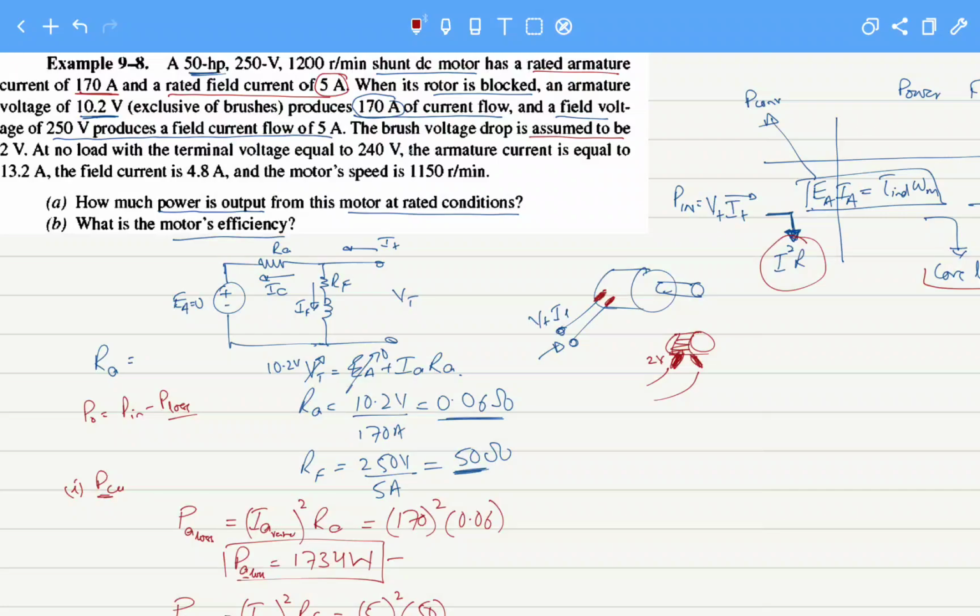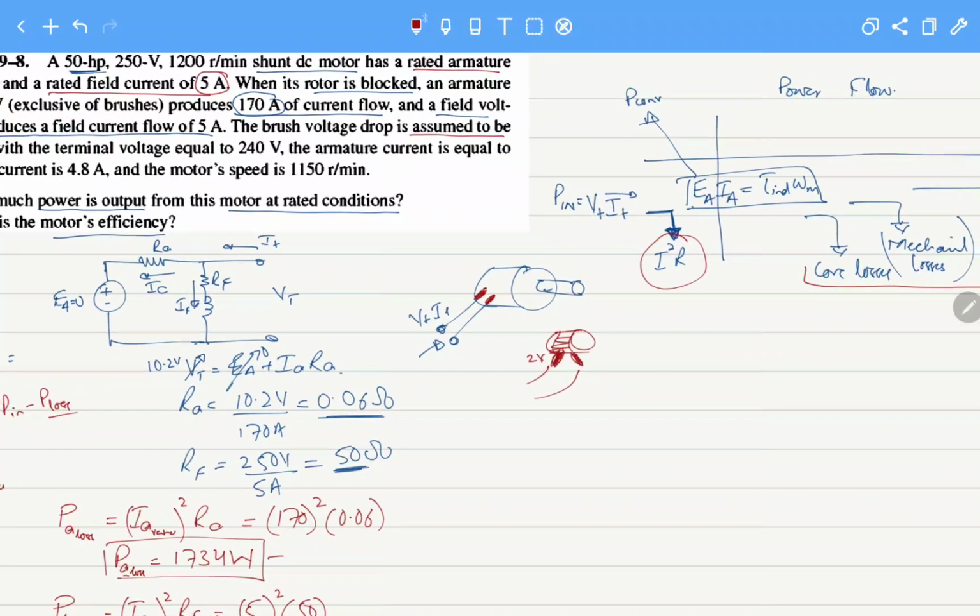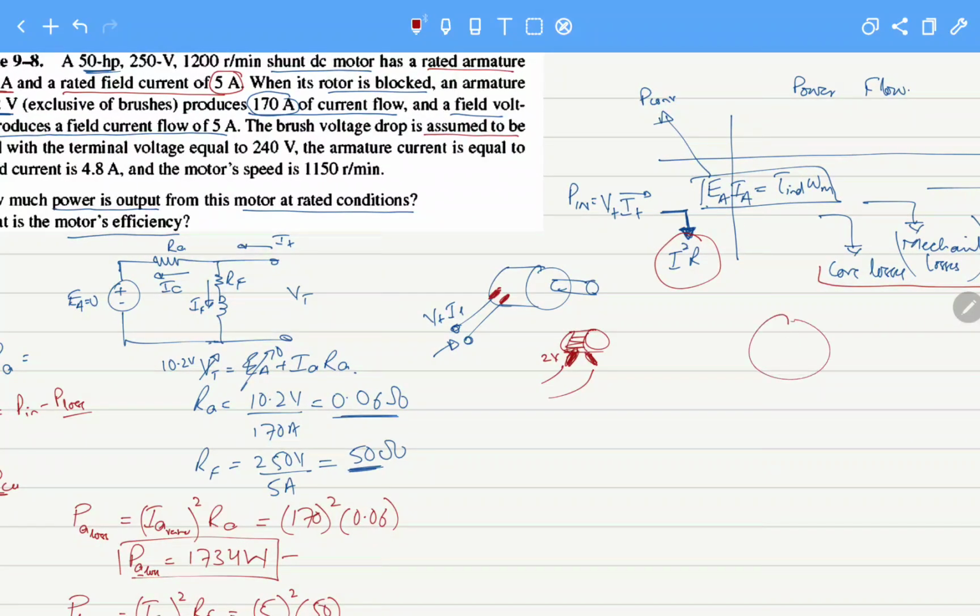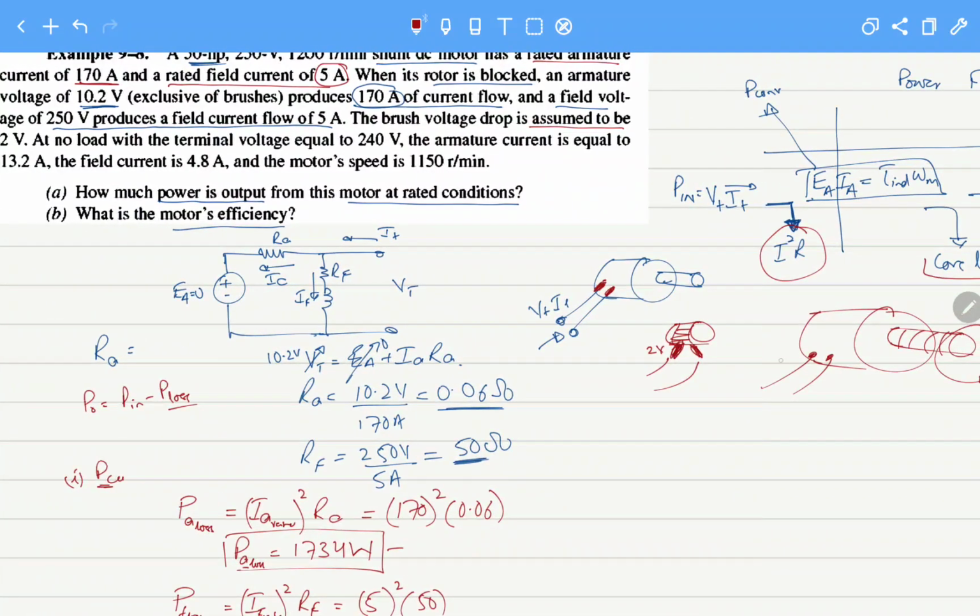He says that at no load, when there is no load connected to the motor, so we have a motor and it is not rotating any object connected to it, and I apply a voltage of 240 volts, despite there being no load connected, this motor is drawing a current of 13.2 amperes.